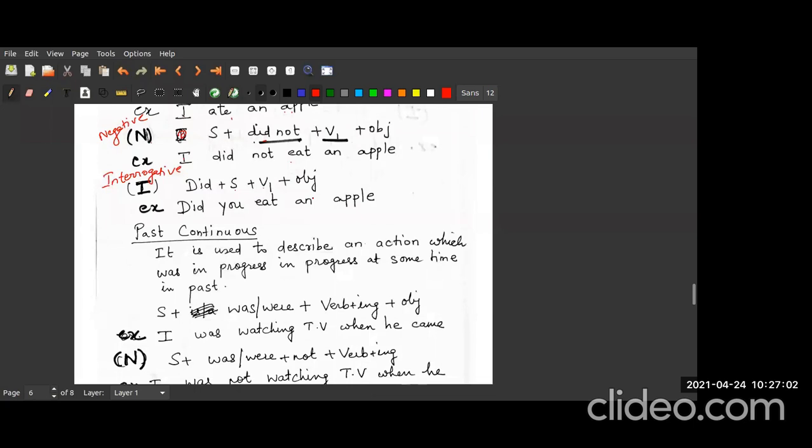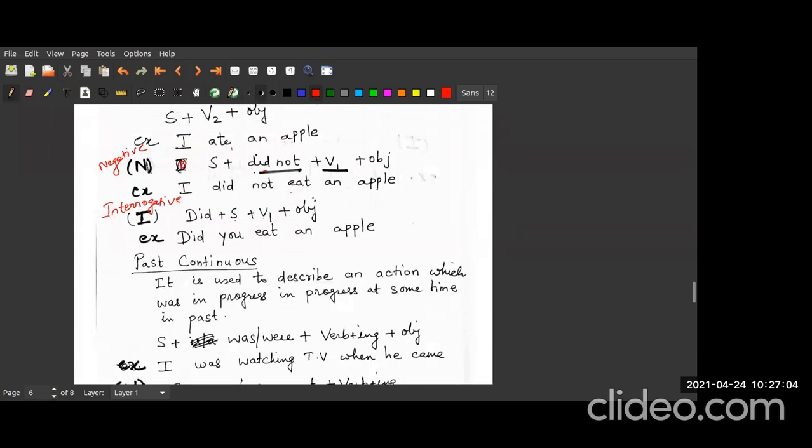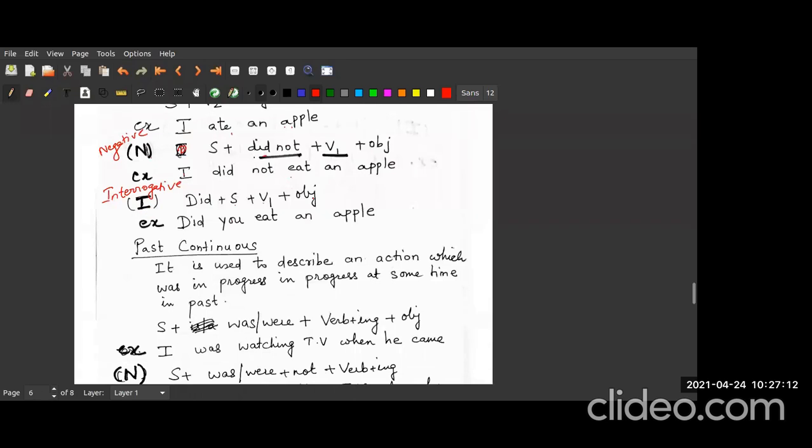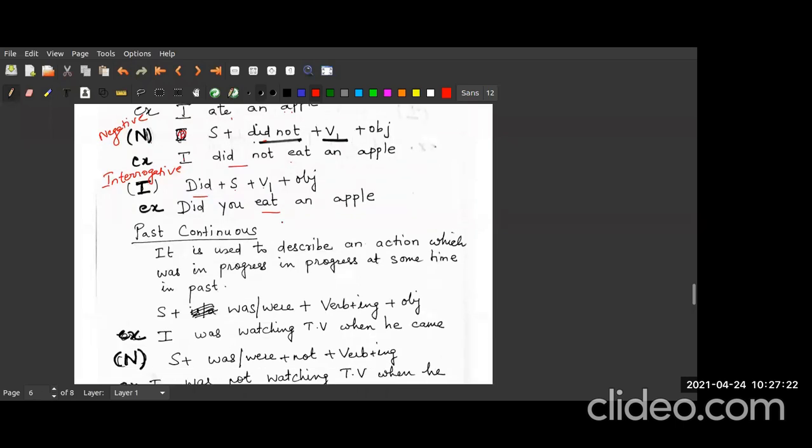So this you have to remember in past tense, that with did not you will always use the present form of the verb. In interrogative structure also you have did. यहाँ did not है तो V1, और interrogative में भी did है तो भी V1. You cannot write did you ate an apple. It is wrong.